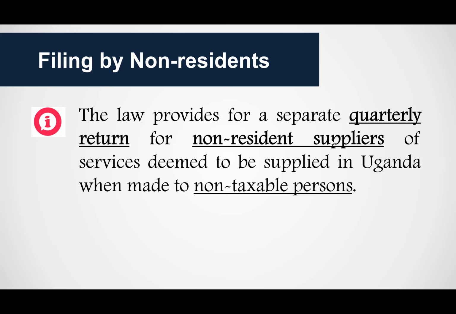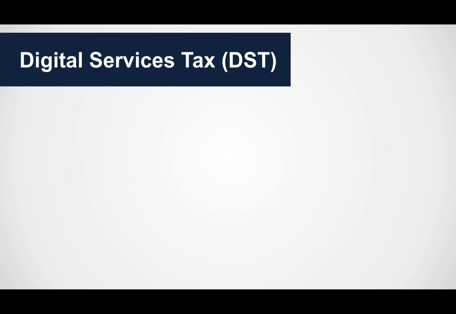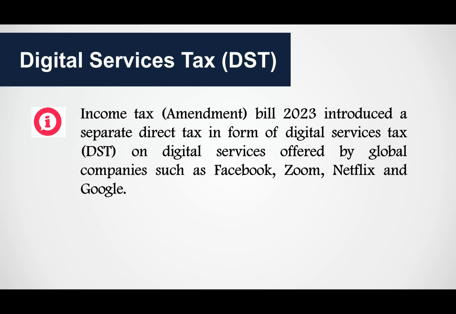I am a non-resident. I want you to help me on the taxes. That's how you're going to get this kind of client. And these ones pay well. Leave alone the Ugandans who are going to negotiate. These ones are going to pay you very, very well. So they are required to furnish their return, and you're going to go to the quarterly VAT, this page here, click on that. You'll be taken to that page and submit the return.